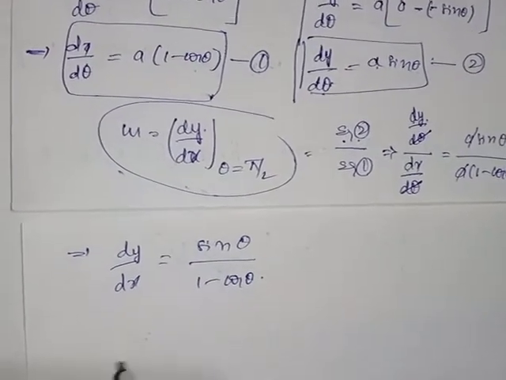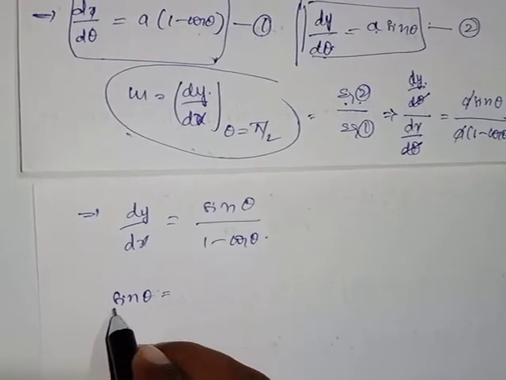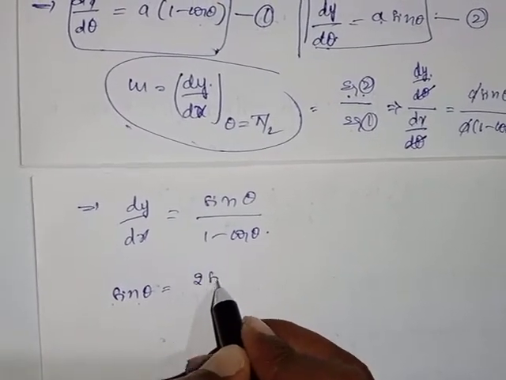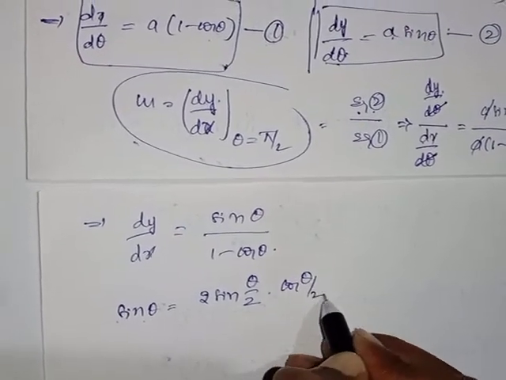We know from trigonometric identities that sin θ = 2 sin(θ/2) cos(θ/2).